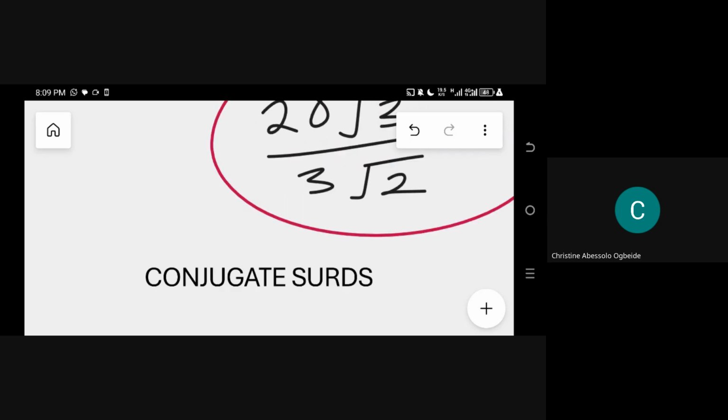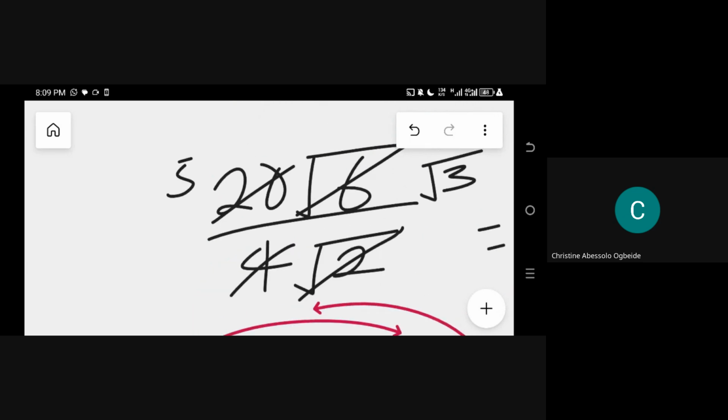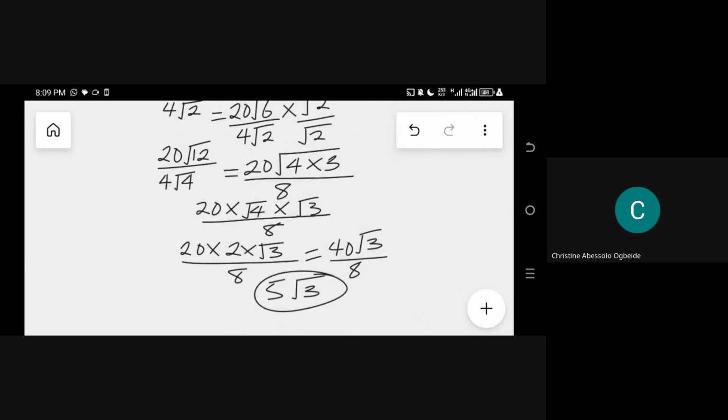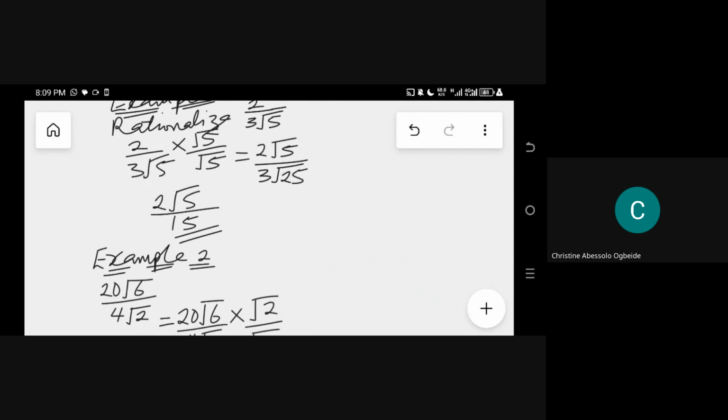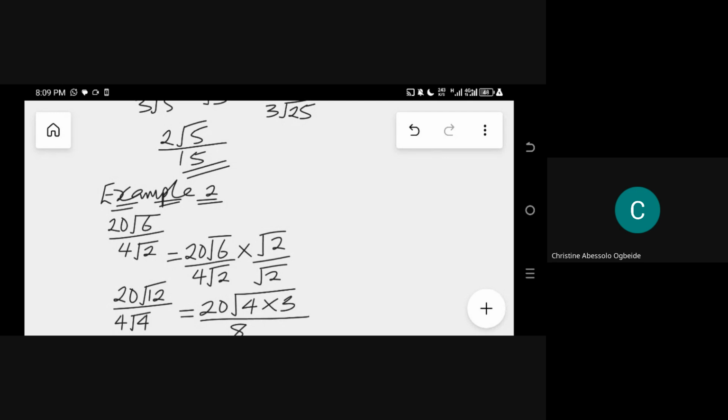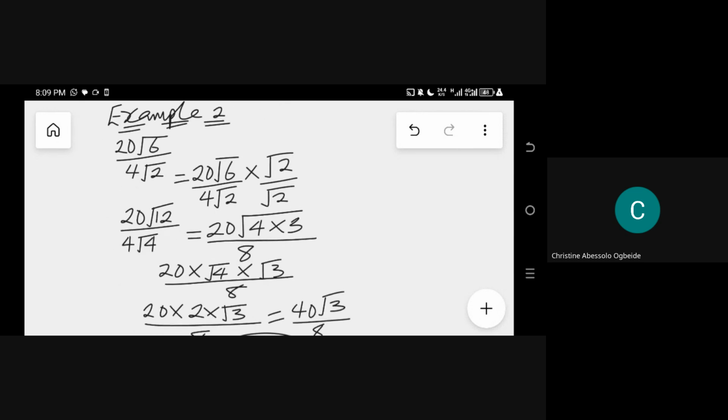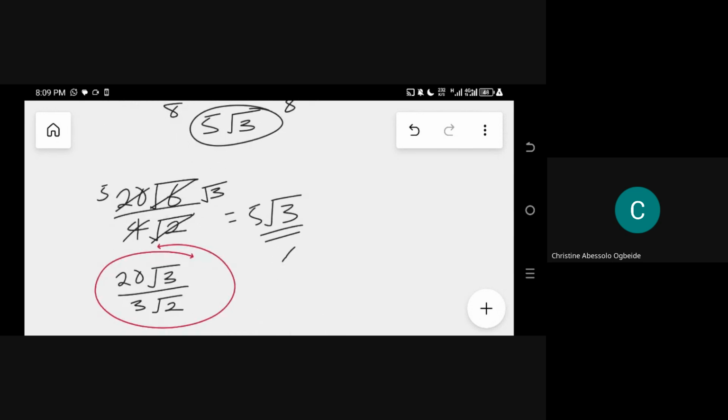Let's go back to the ones we've done. At the denominator, what we have is a product: 3 root 5. The next one, example 2, we had 20 root 6 over 4 root 2.